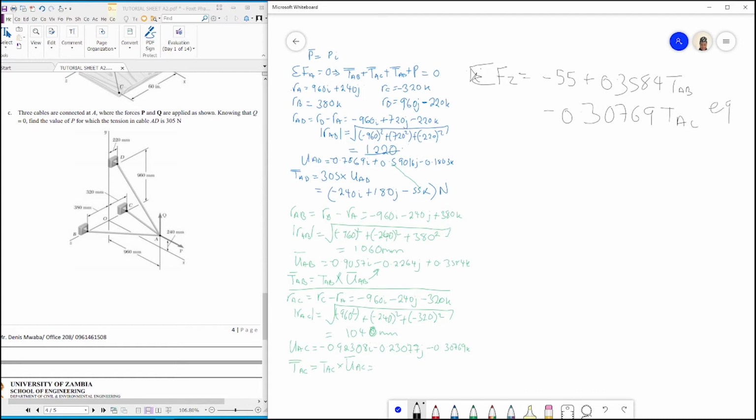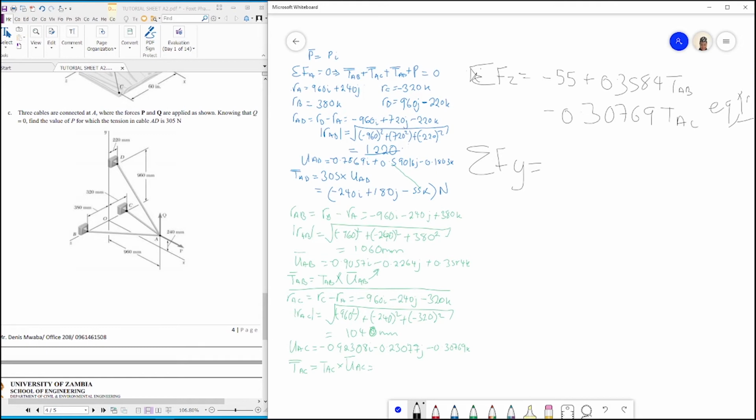EQ1. So summation of forces in the y will be also, notice that equation 1 has two unknowns, so we need another equation which will have two unknowns.